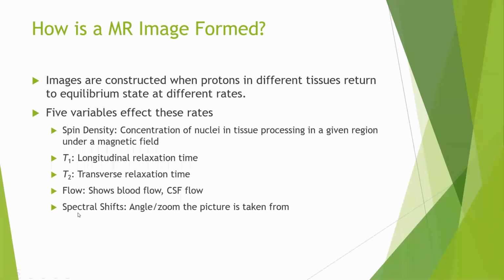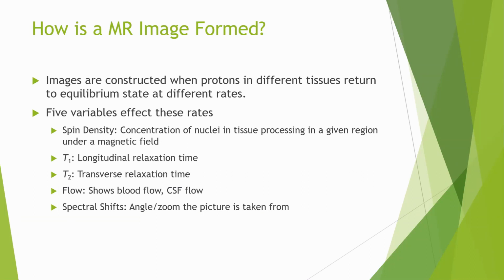The higher the concentration of the nuclei in a tissue, especially muscles or fluid, you will be able to visualize that area better. T1 is the relaxation time in the longitudinal fashion. T2 is the relaxation time in a transverse fashion. Do I need to know longitudinal wave, transverse wave? No. What I told you earlier: T1 highlights fat, fat is white. T2 highlights fluid or water, fluid or water is white. That is all you need to know till now.